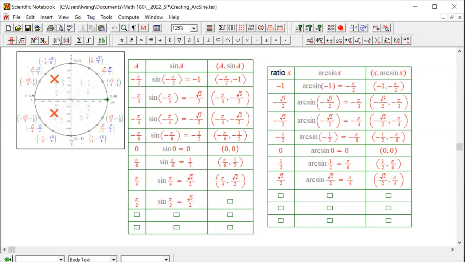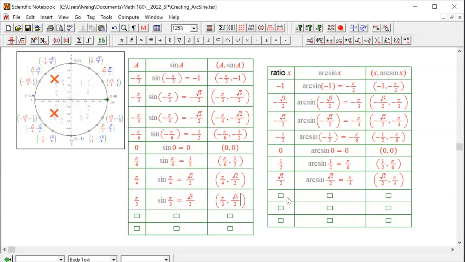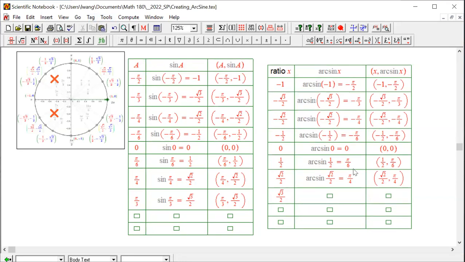And that point is going to be input, output. Oops, my bad, output. And that output becomes input for ArcSine. There, it produces pi over 3.